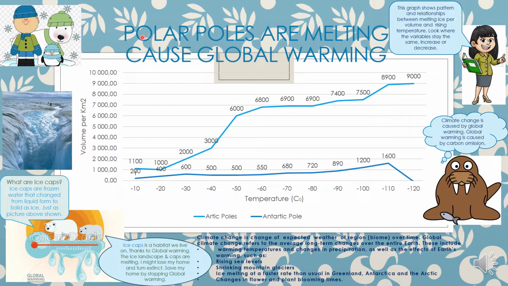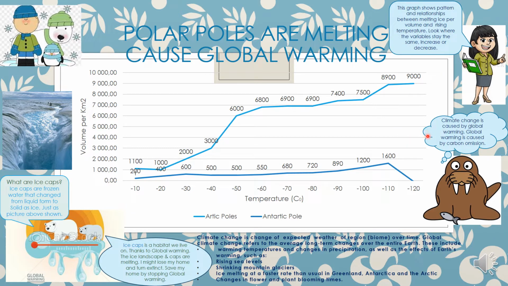Here it is. Polar poles are melting because of global warming. Let's read. This graph shows patterns and relationships between melting ice per volume and the rising temperature. Look where the values stay the same, increase or decrease.